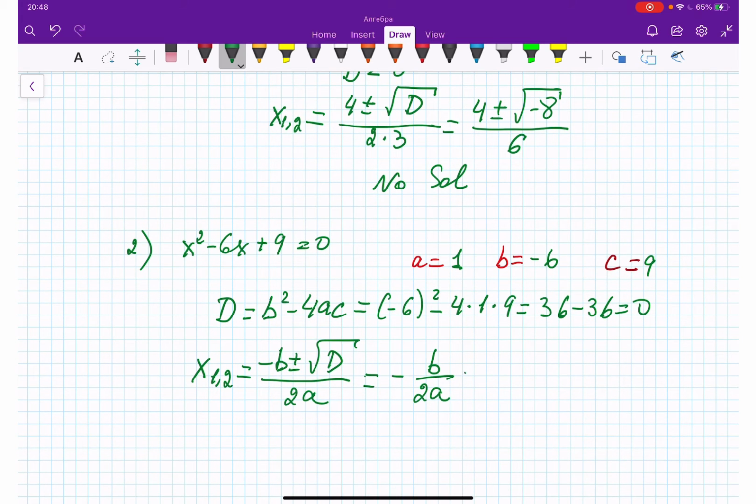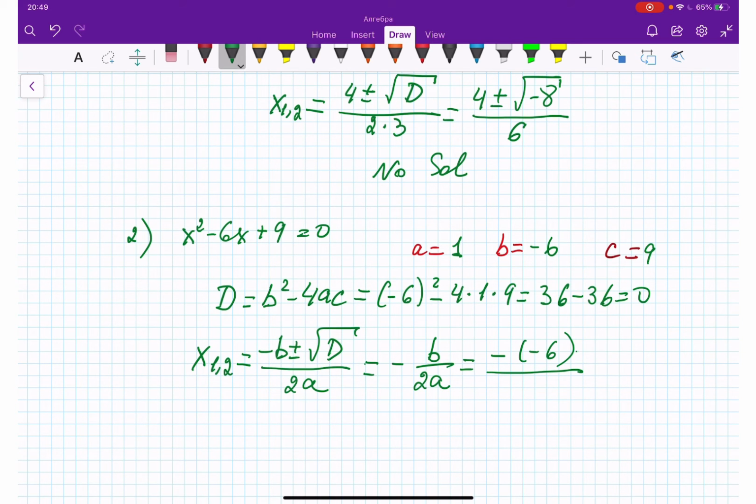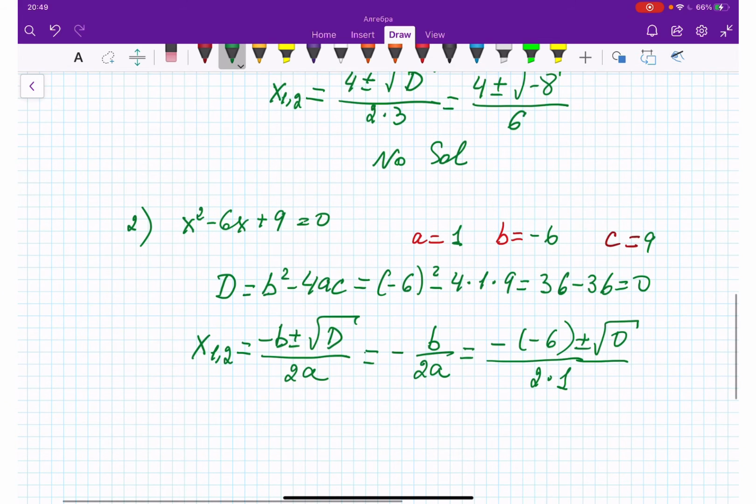It's going to be negative negative 6, plus or minus the square root of 0, over 2 times 1. That gives us 6 over 2, which is 3. So x1 is equal to x2, and that is equal to 3.